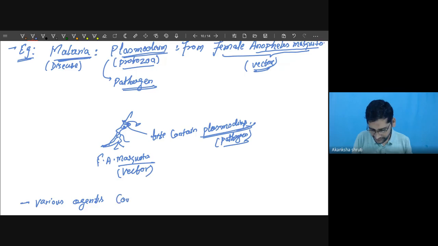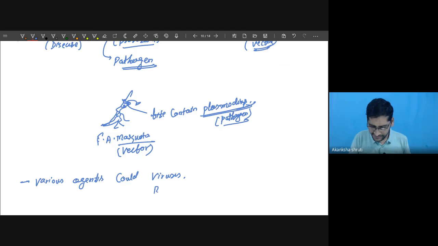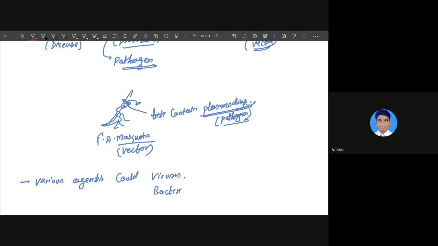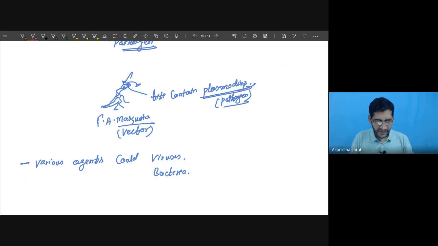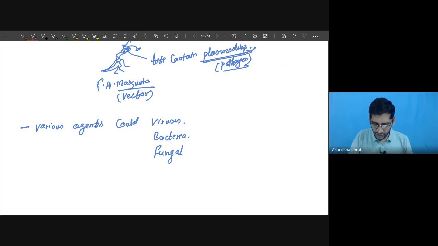This could be your virus, it could be your bacteria. Bacteria, yes, all these are small microorganisms which are not visible easily. Maybe a fungal infection, maybe the protozoa, right? That we have written above.